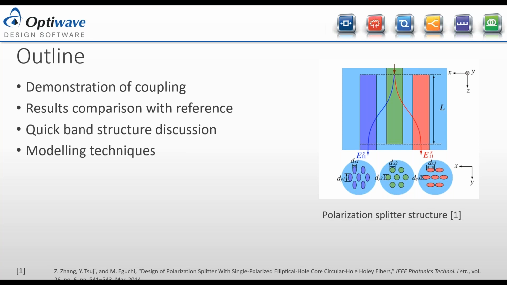So as I said before, on the right we have the diagram of the polarization splitter design. Basically it's set up so that there are 3 waveguides, and the cross-section of the waveguides is given in the lower half of that figure. We'll see that again in the OptiMode designer. The center one with the green circles is the type of waveguide that supports a single mode but multiple polarizations.